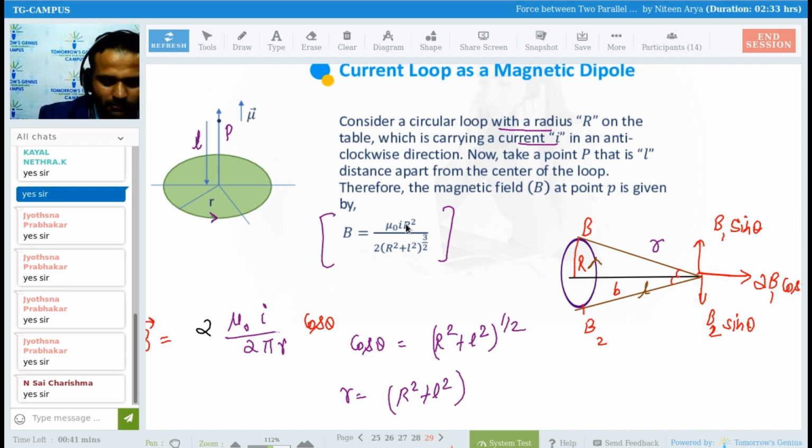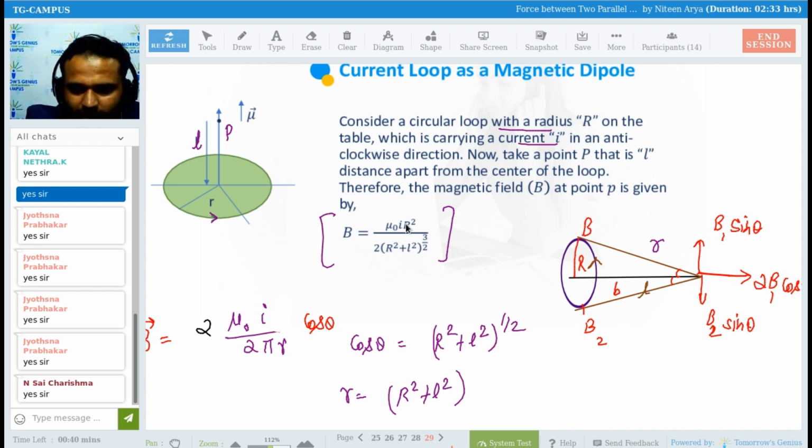Magnetic field for a loop, B sin theta, I dL, on the axis.